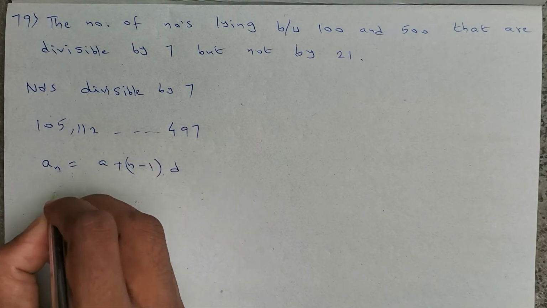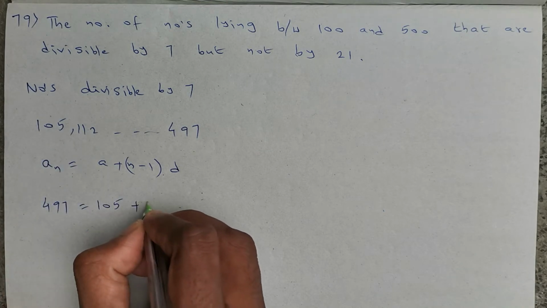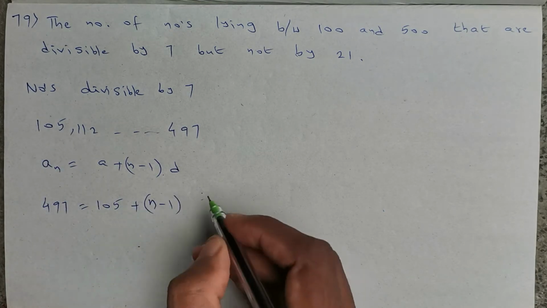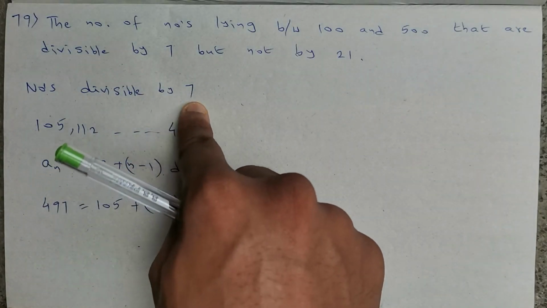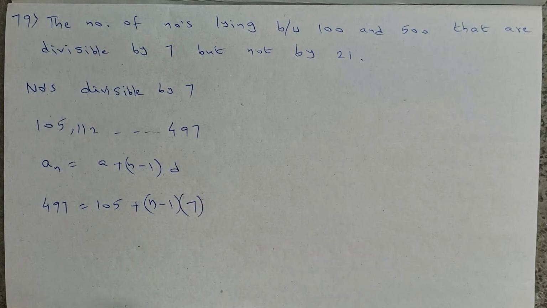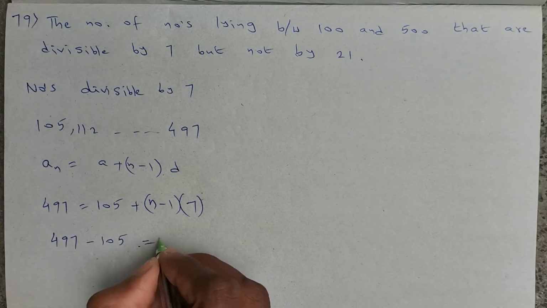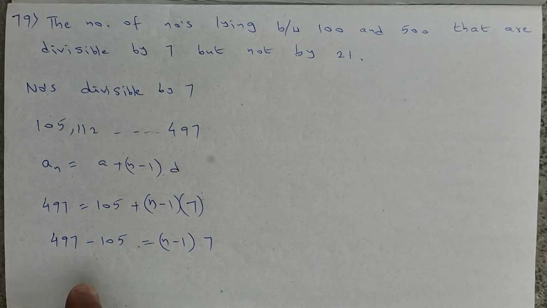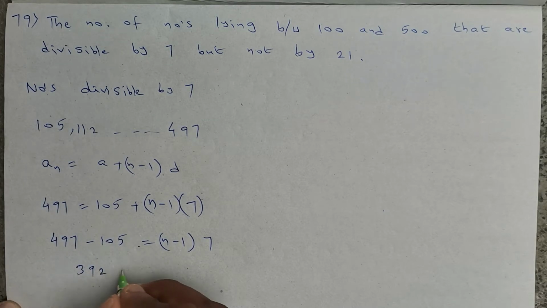Now an, that is the last term 497, equals the first term 105 plus (n minus 1) into d, where d is the common difference. Since these numbers are all divisible by 7, the common difference is 7. Now I take 105 to the left side: 497 minus 105 is 392, which equals (n minus 1) into 7.